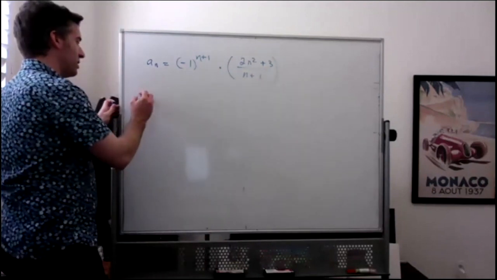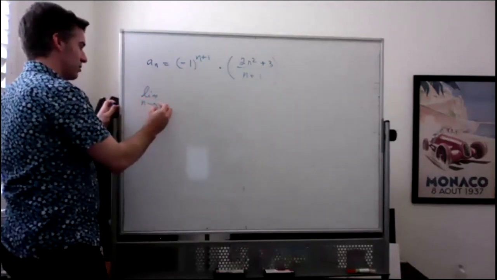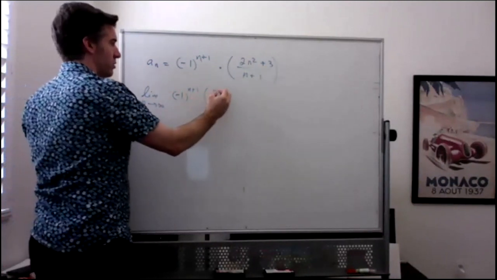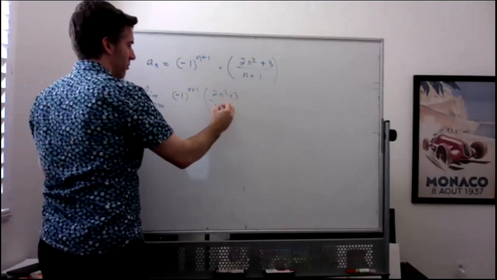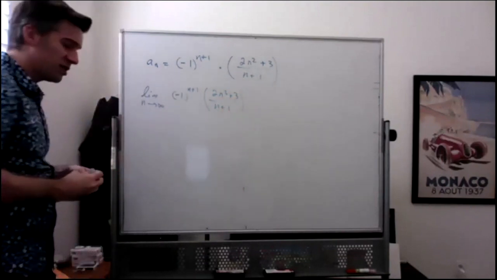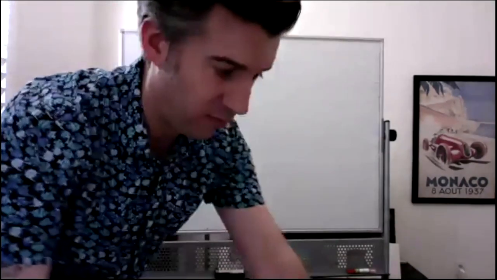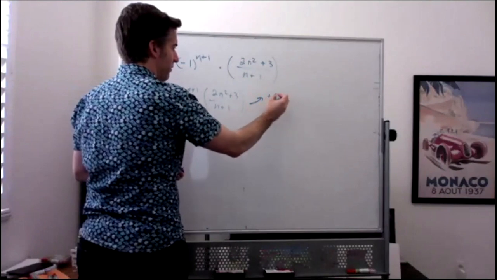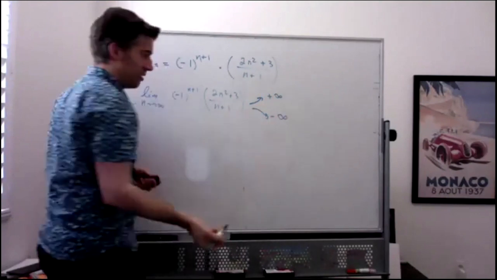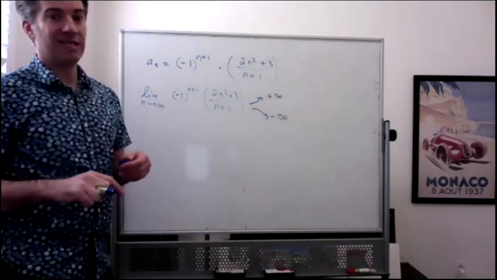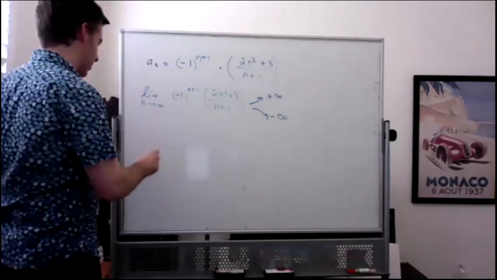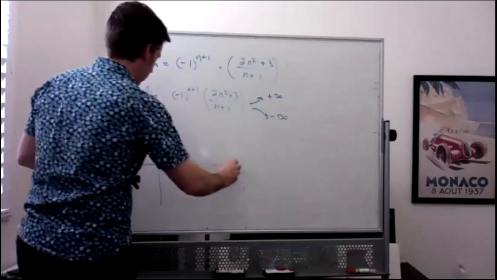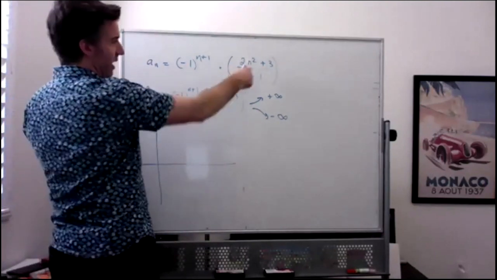So the limit as n goes to infinity of this isn't actually going to infinity because it's alternating back and forth. It's either going to positive infinity or negative infinity. Instead of bouncing back and forth getting closer and closer to 0 like the previous ones, this one's doing the opposite. If you plug in 1, you're getting 5/2.